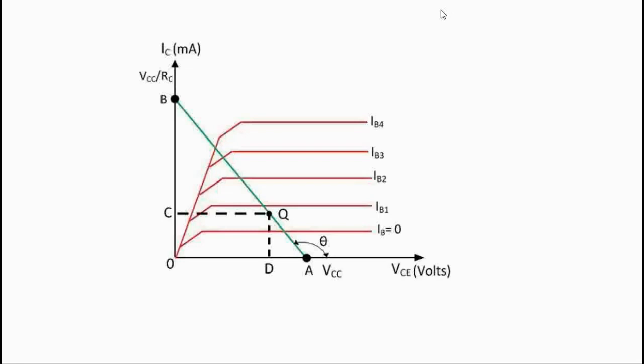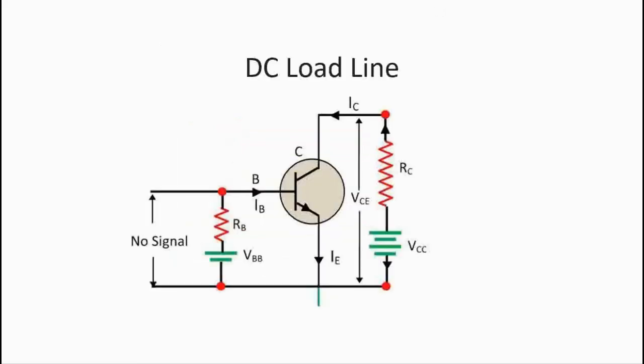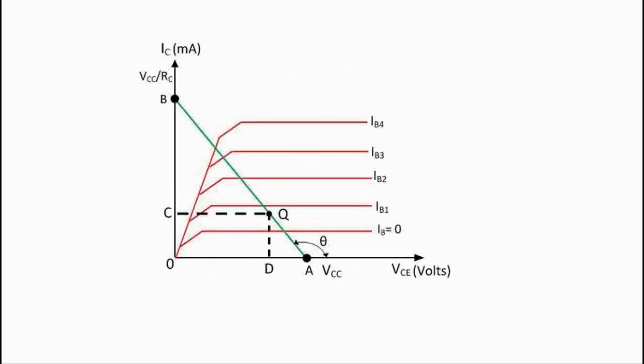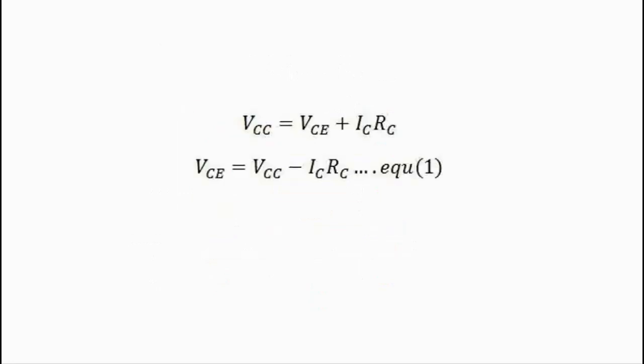So here in this plot, by applying Kirchhoff's voltage law to the collector circuit, as we saw in this figure, we get this equation: VCC equals VCE plus IC RC, where VCE equals VCC minus IC RC, represented as equation 1.